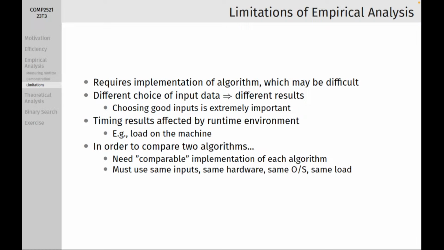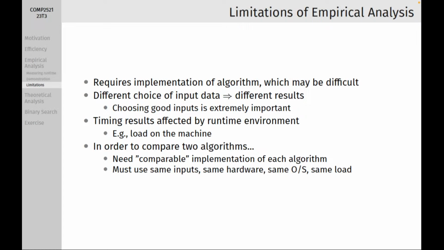Yes, and also, if you're doing empirical analysis to compare two programs, then you need to make sure that you implement the programs in a comparable way, right? So you should implement both programs in the same language, for example, because different languages will have different program speeds. You wouldn't want to implement one algorithm in C and one in Java or Python.